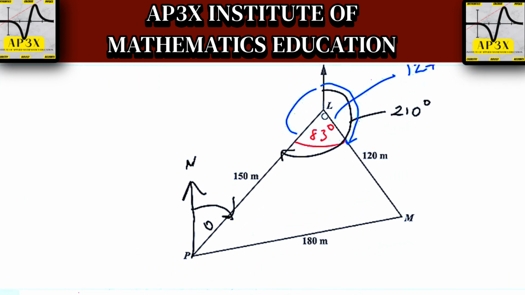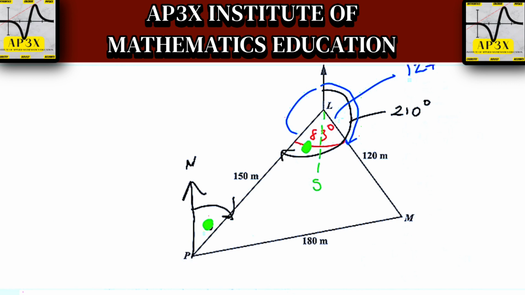Let's create an auxiliary line. It forms a Z. So whatever this angle is that we're looking for down here is going to be exactly equal to this one right here. So I just need to find this angle. Let's call this S, south.